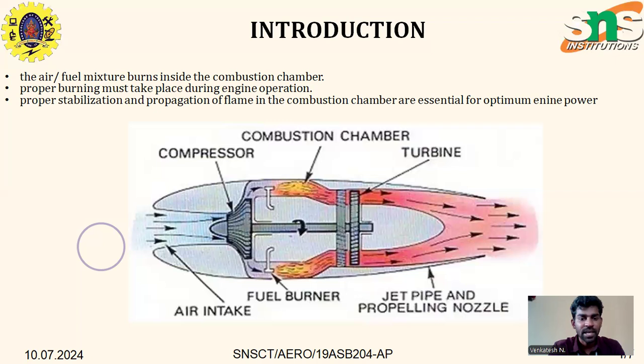The next part is the compressor, where the sucked air gets more compressed, and then it goes on to the main part, the combustion chamber, where the air and fuel are mixed. The next is the turbine, which produces mechanical work, and then the flow goes to the nozzle and exhaust part to increase the velocity.